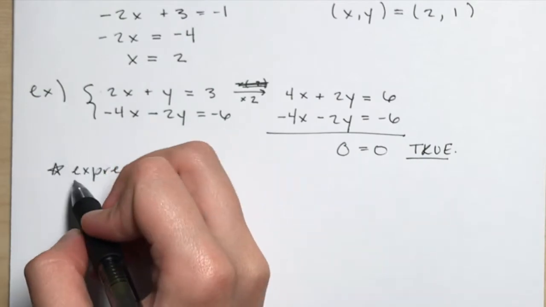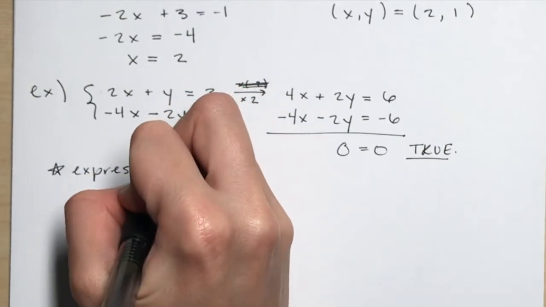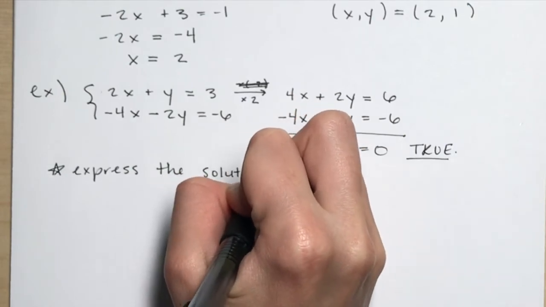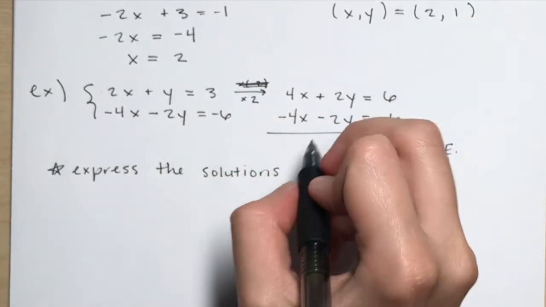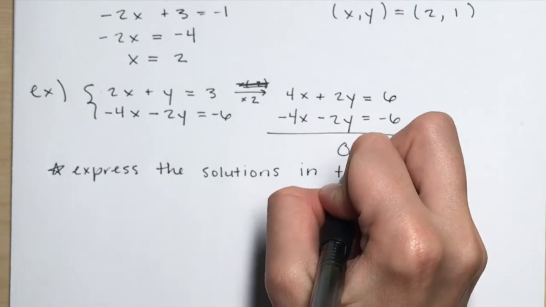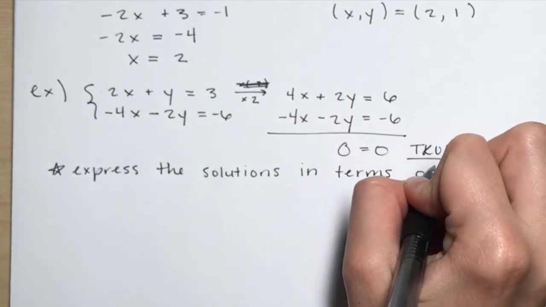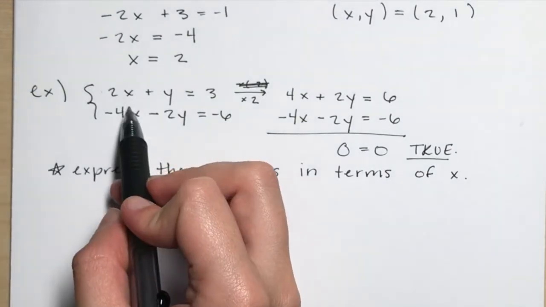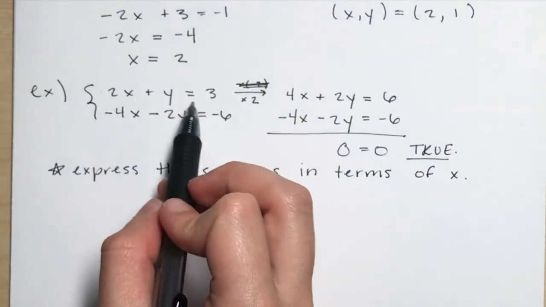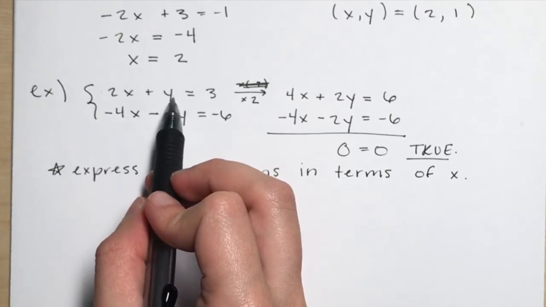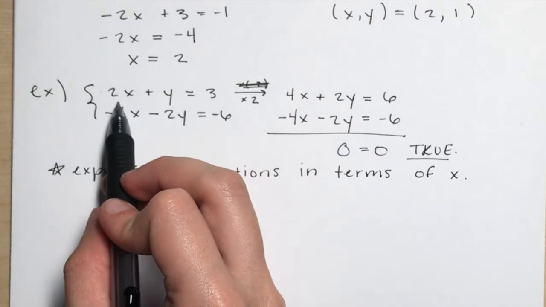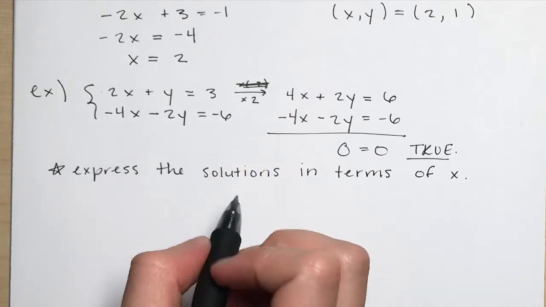Let's say that the question asked us to express the solution in terms of x. Last time we did it in terms of y, this time we're doing it in terms of x. Again, that means we're trying to figure out what y is in terms of x. So finding y in terms of x just means solving for y.